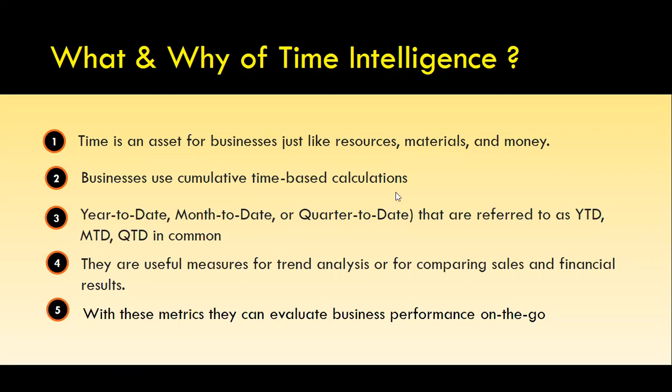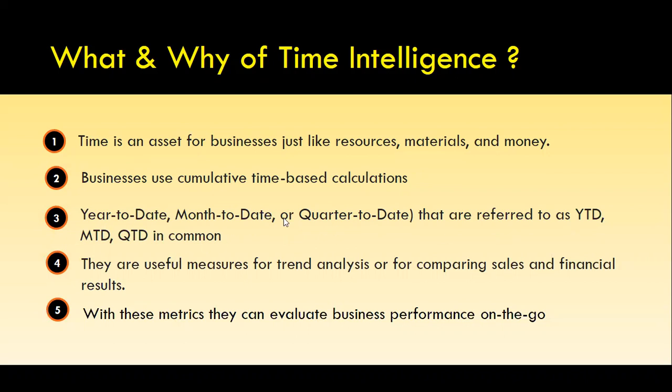Businesses use cumulative time-based calculations. I hope all of you remember how to compute the cumulative total also. Even month to date and quarter to date are a kind of cumulative calculation. The year to date, month to date, and quarter to date are referred to as YTD, MTD, QTD in common.